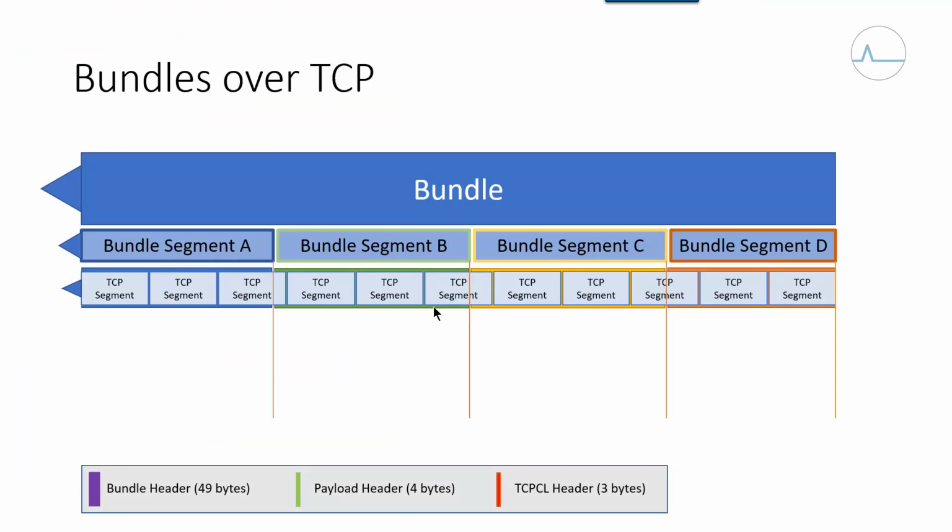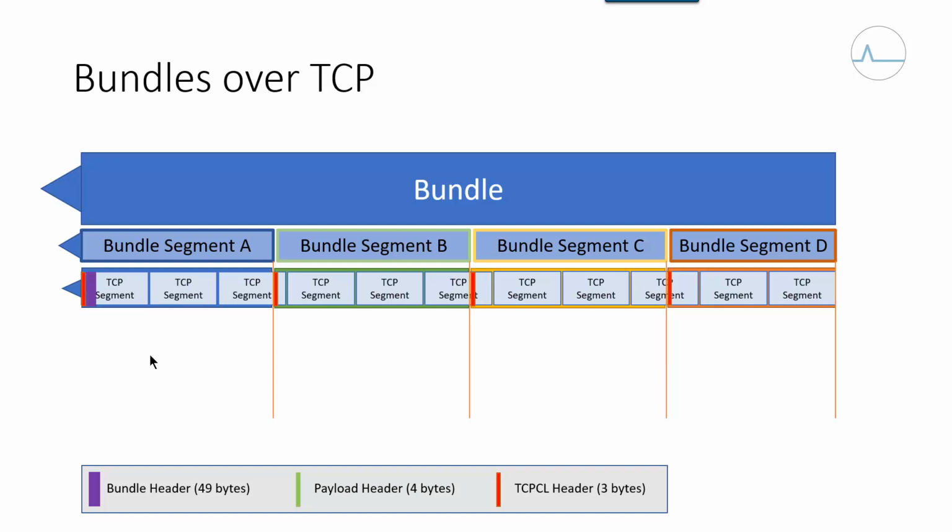So when we look at our segments going across, we have a bundle header that is applied only on the first bundle segment. Every single one of these bundle segments, though, starts with a TCP Convergence Layer header. That's how we know it's the beginning of a bundle segment.